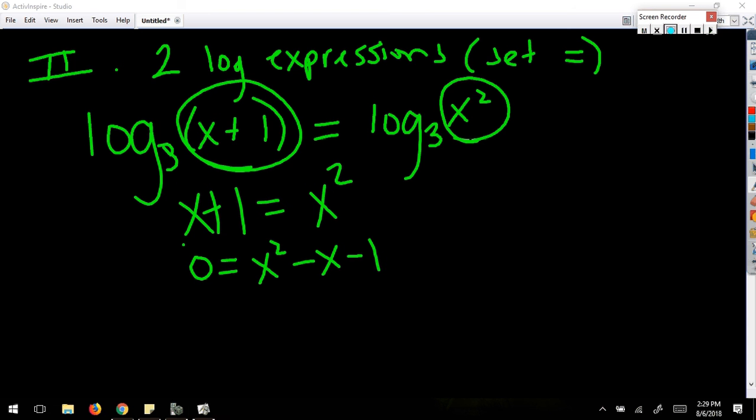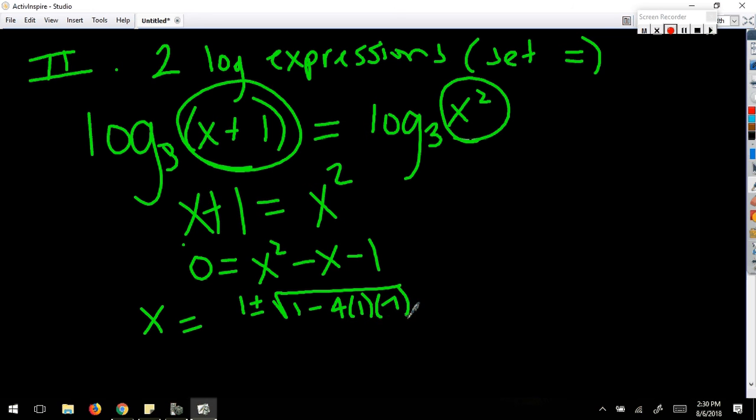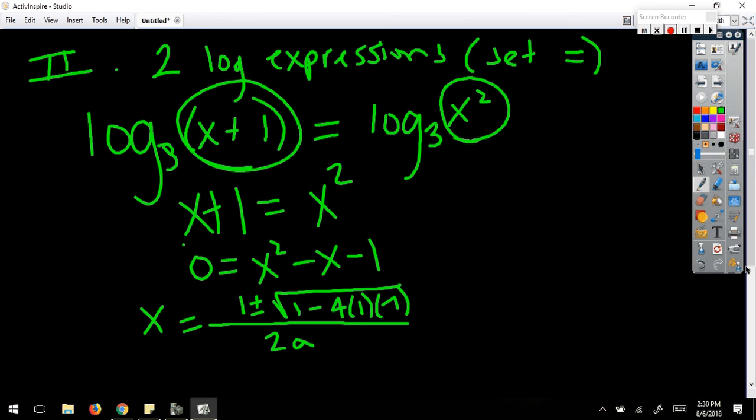So ideally here I would try to factor this, and of course, as we all know, this one is not factorable, so the only way that I'm going to be able to solve this is to plug into the quadratic formula. So I would do opposite b plus or minus the square root of b squared minus 4 times a times c all over 2a, and let me plug in my a value here.